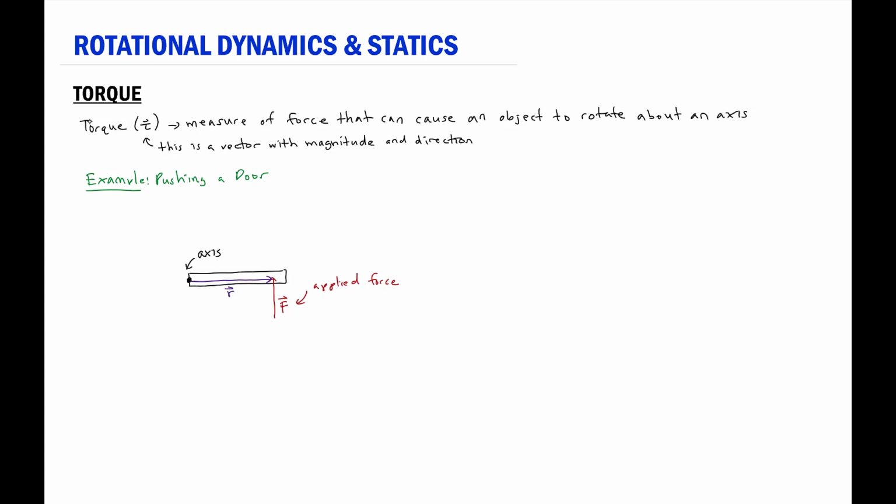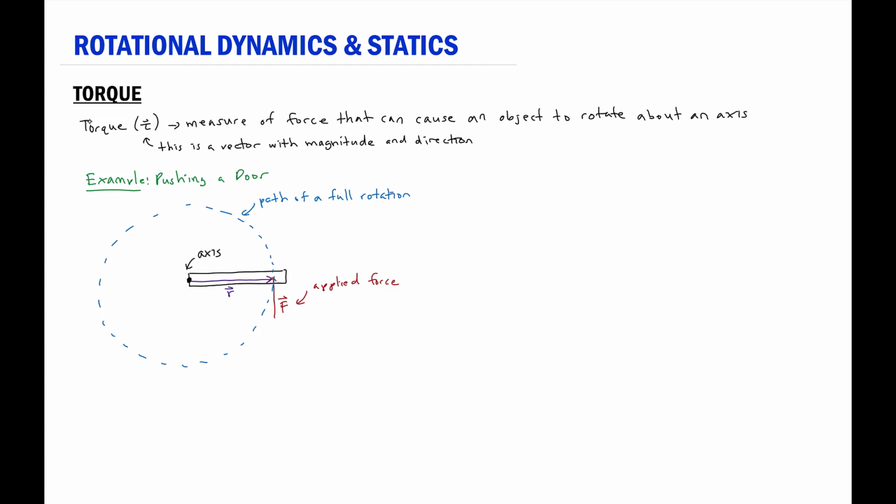So if I were to push this door, then the path the door would take would be a circle, something like this. And we'll call this the path of a full rotation.